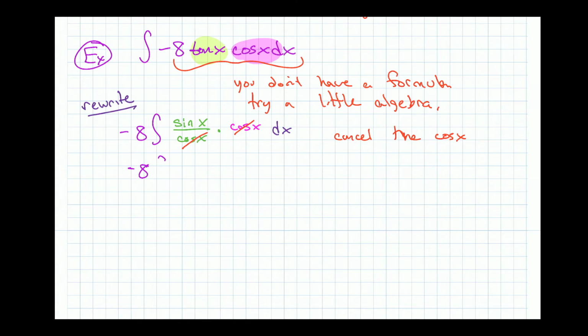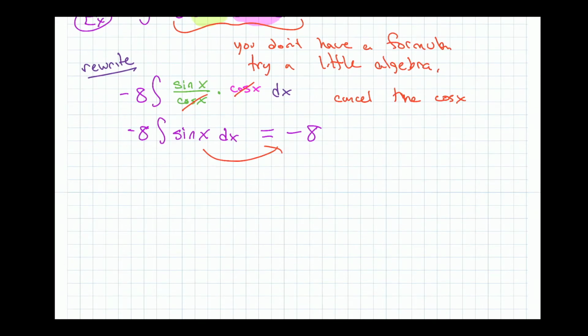So you have -8 times the integral of just sine x dx. Easy peasy, because now you have a formula, so you're going to use the formula. What do you have to know? You have to know the antiderivative of sine x. What's the antiderivative of sine x? You look it up. It's negative cosine.